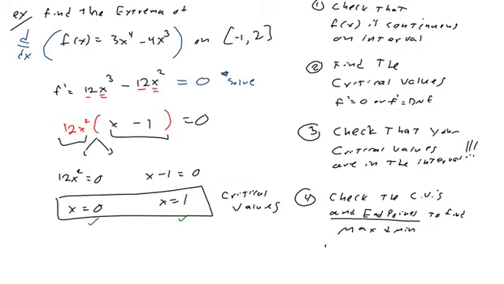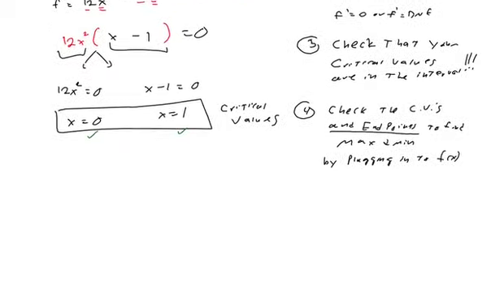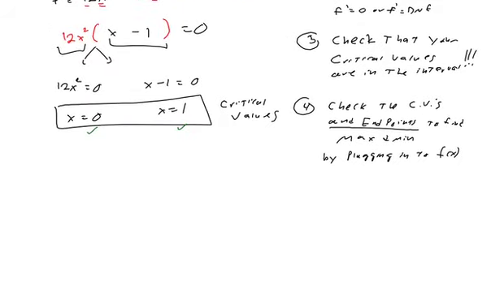And you do this by plugging them all into f of x, find your max and min values. The way you organize this is in a chart. So you have x equals -1, your endpoint, x equals 2, your other endpoint.